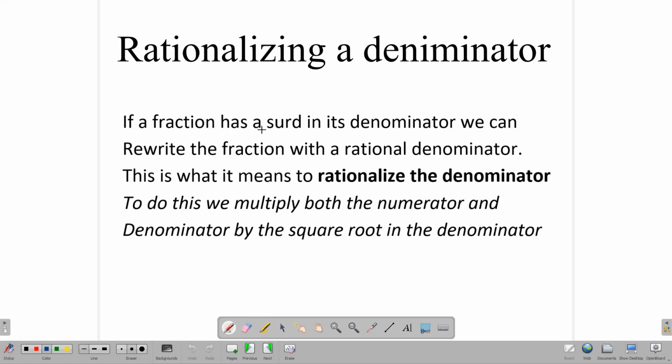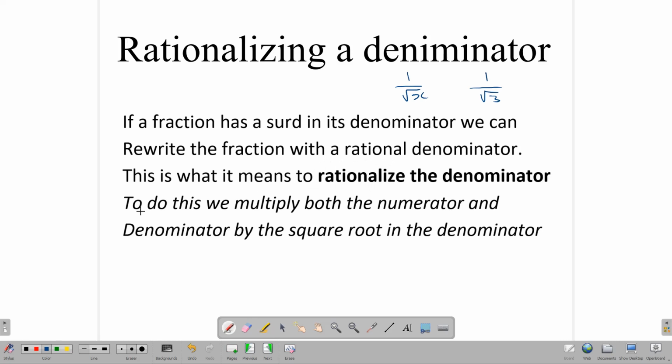Now, if a fraction has a surd in its denominator, for example, if we have 1 over root x or 1 over root 3, that's what we mean by having a surd in its denominator, we can rewrite the fraction with a rational denominator. And that is what it means to rationalize a denominator.